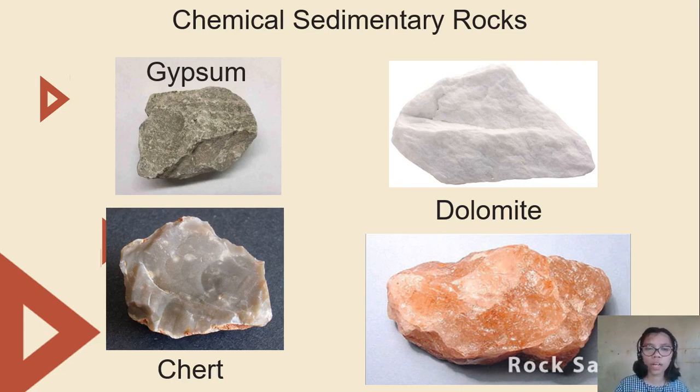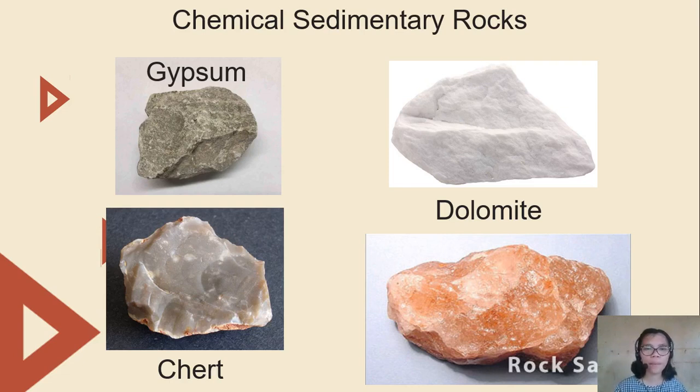So the most common chemical sedimentary rock by far is limestone. Others include chert, banded iron formation, and evaporites. Biological processes are important in the formation of some chemical sedimentary rocks, especially limestone and chert.